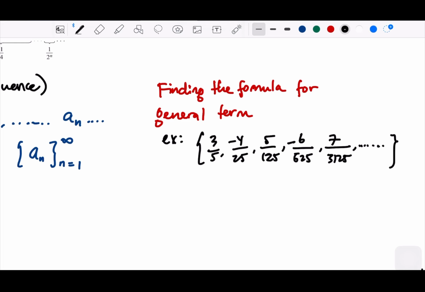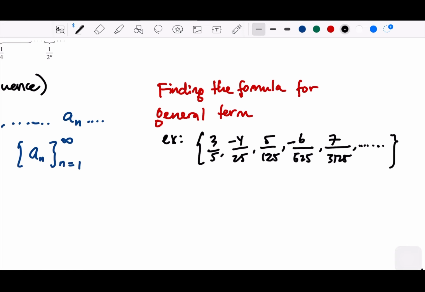When we are given these terms, 3 over 5, negative 4 over 25, 5 over 125, negative 6 over 625, 7 over 3125. Now you will see that in the denominator we have 5 and then 25, 125, right?